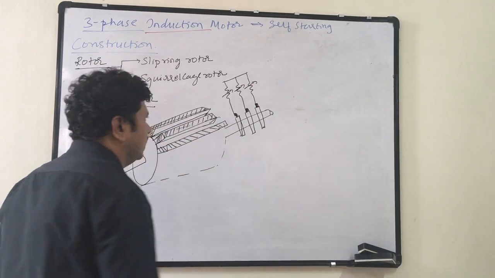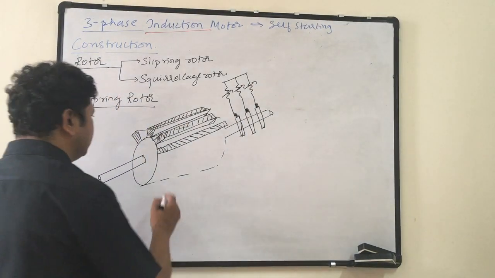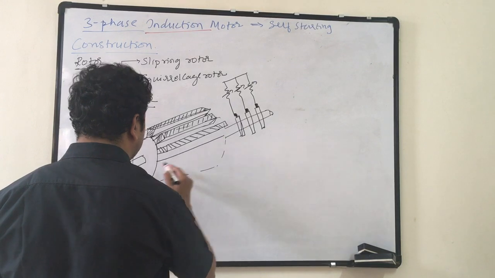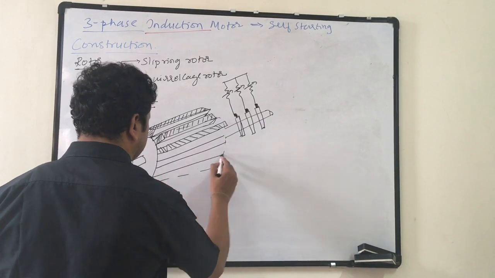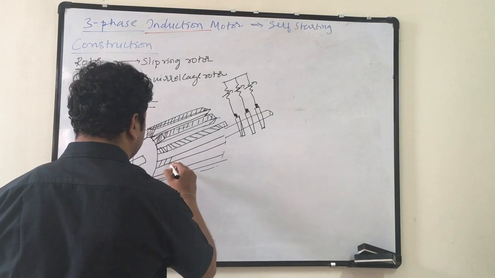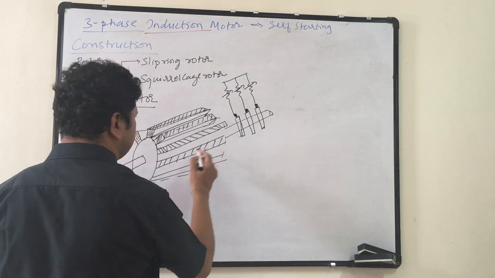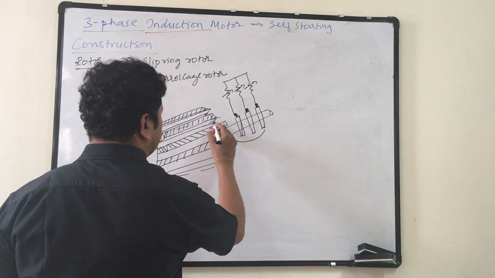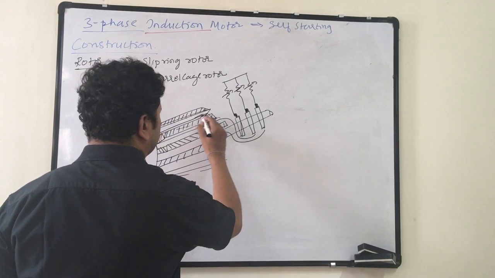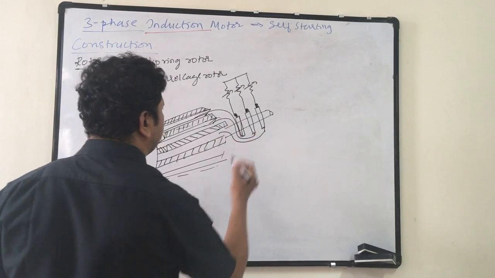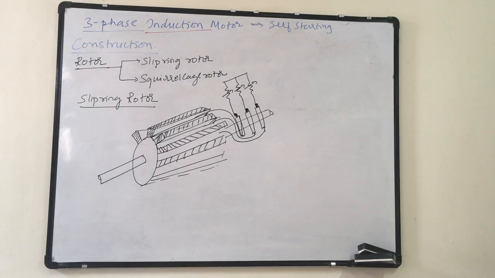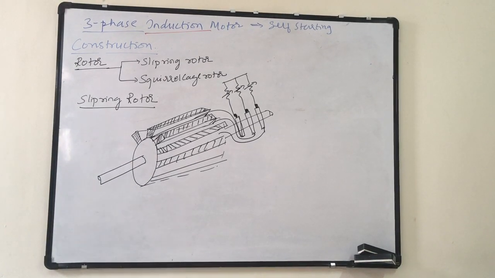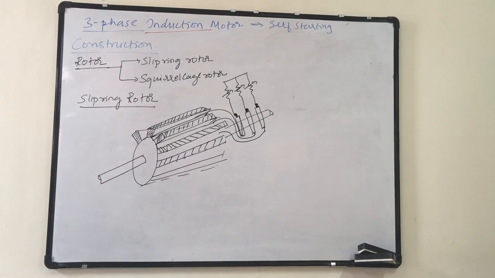And the other ends of the three slip rings are connected with the supply winding. I will redraw this in a proper way. Okay. So this is the rough construction of a 3-phase induction rotor. Okay, slip ring rotor. If you see the elevation of the rotor, it will be like this.